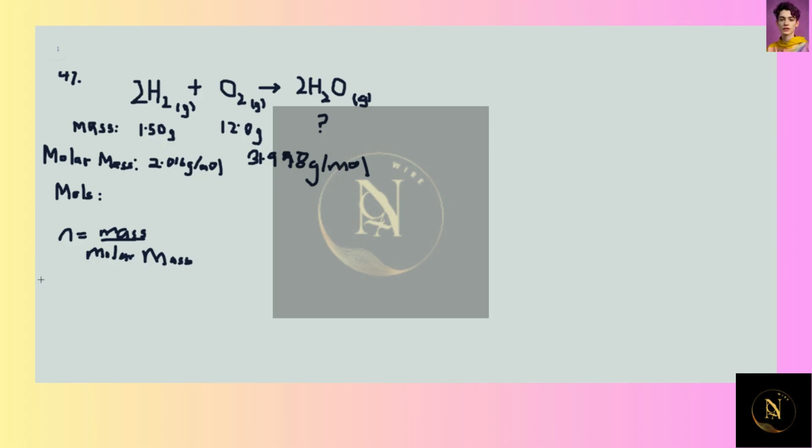So for the moles of hydrogen gas, that's going to be given by the mass, which is 1.50 grams, divided by the molar mass, which is about 2.016 grams per mole.